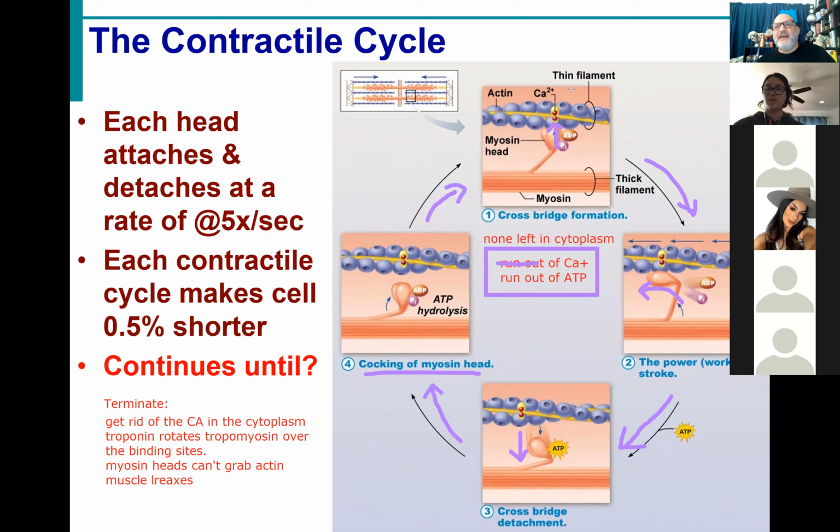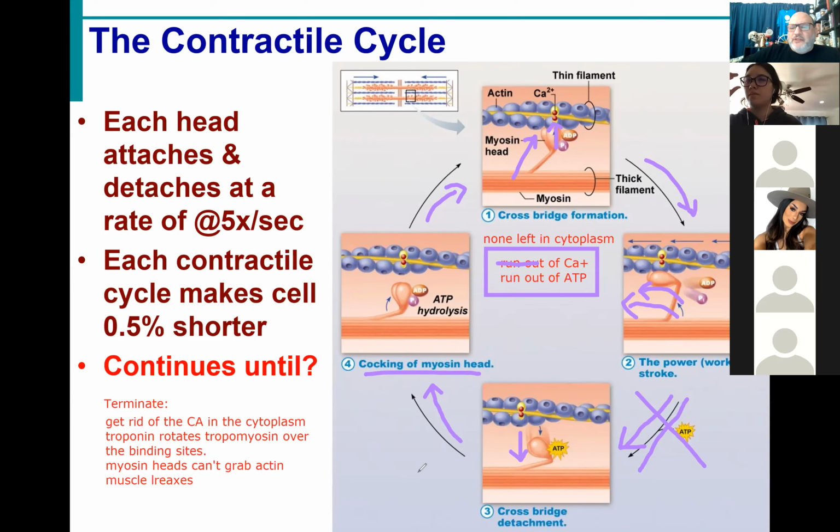Our myosin head can grab onto the actin, bind to the actin, perform its power stroke. And then what happens? If there's no ATP left in the cell, can that myosin head let go? No. And now suddenly the myosin head is locked in place.